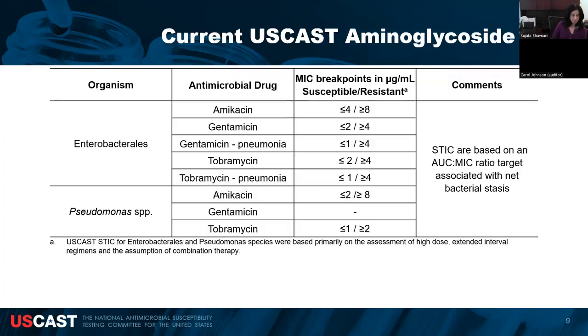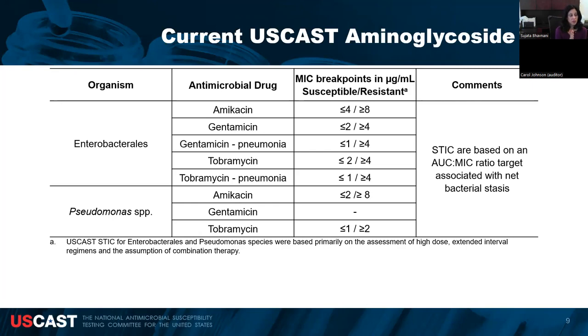We're going to talk about the validity of those assumptions in a second, but the breakpoints that came out of those assessments, again based on stasis and the assumption of combination therapy, are shown in this slide.